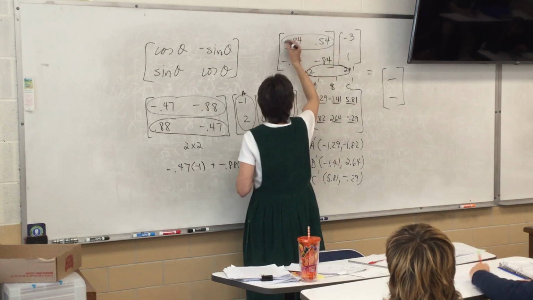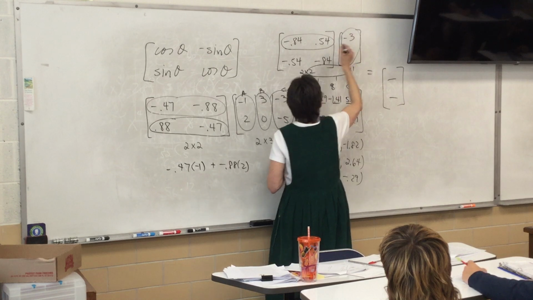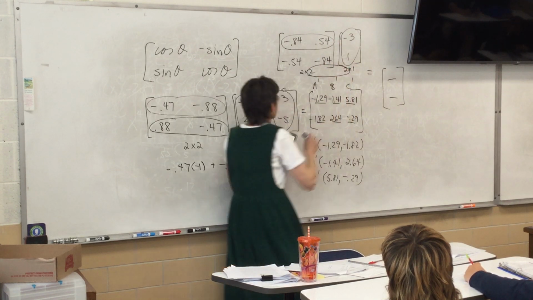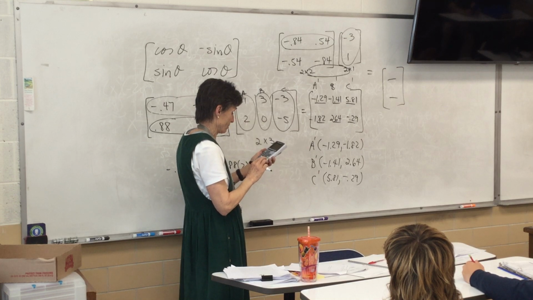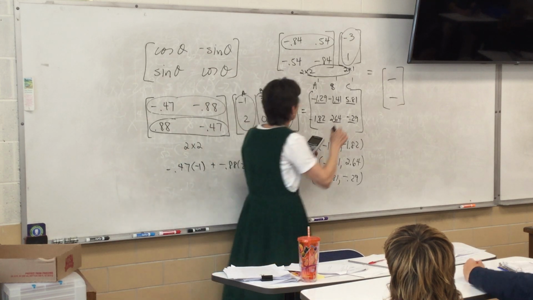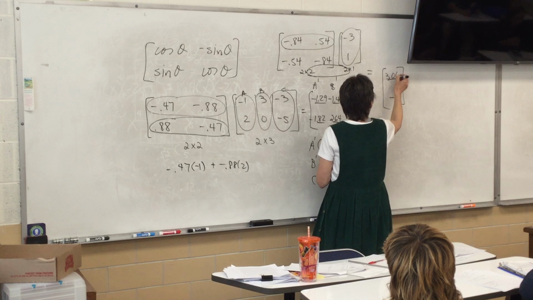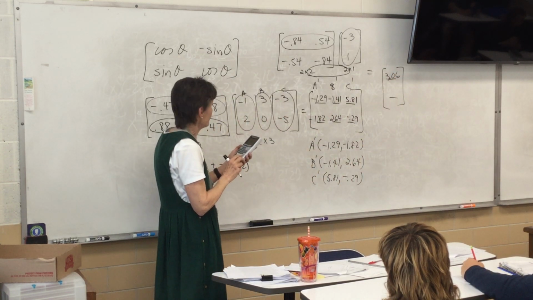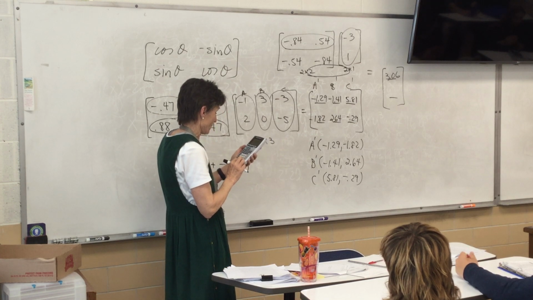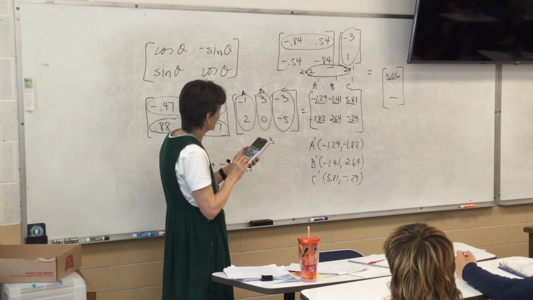Multiply these times these. That's what we're doing. So first times first, second times second. And again, please double check me if I made a mistake, say something.